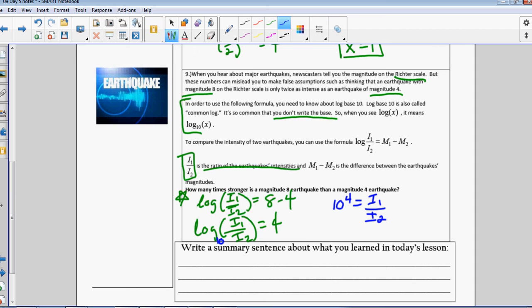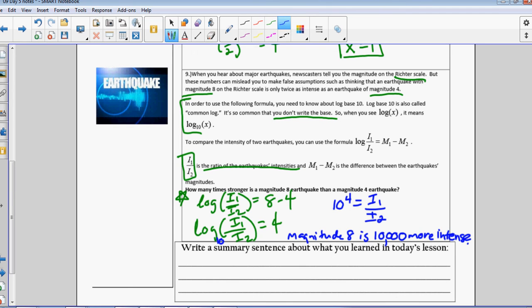So it turns out that magnitude 8 is 10,000 times more intense than magnitude 4.